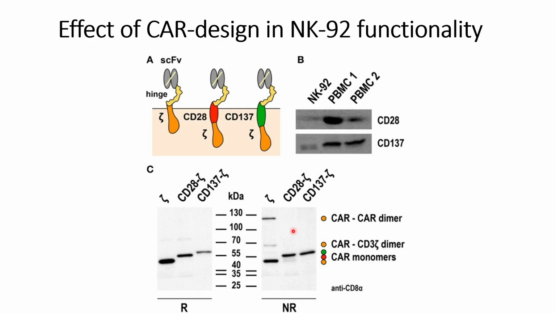Here it is shown in the dimer position. The results for panel C are from the anti-CD8 alpha immunoblotting, indicating that the antibodies used to detect this are anti-CD8 alpha because it is attached to the intracellular domains. Based on the size they predict that these could be anti-CD28 signals and anti-CD137 signals, and not just based on size but also on the information that these cells are transduced with the CD28 CD3 zeta CAR construct and the CD137 CD3 zeta CAR construct.